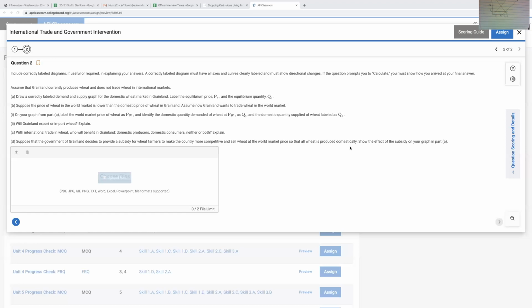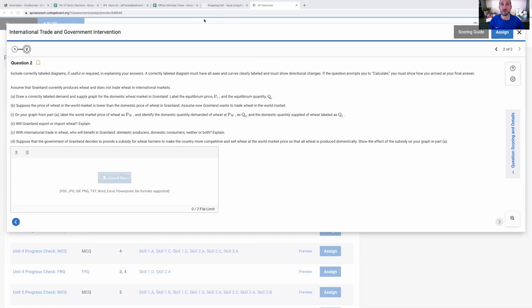So at that point, we are paying PW, and presumably there's a subsidy, which is going to be that vertical distance between your supply curves. And so the firms are able to recoup their losses. And so basically we are paying PW and the government's making up the difference to try and prop up domestic industry, okay? All right, hopefully all that made sense.